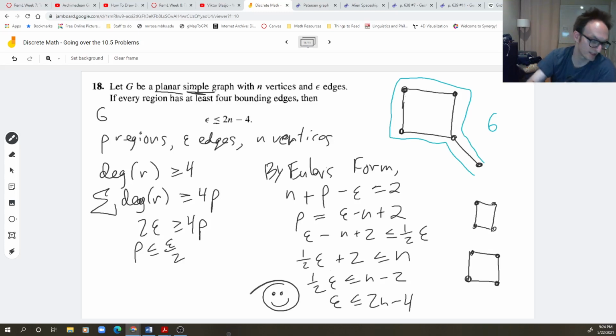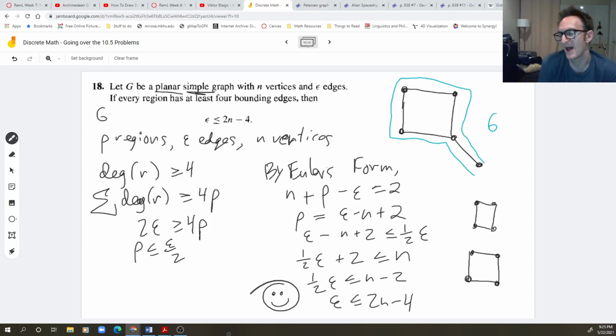So there's a tiny chance that Gossett wrote this problem intentionally like this, but I don't know. That would seem maybe too hard to me, because if you can't use Euler's formula, then I don't know how you're going to do this problem.